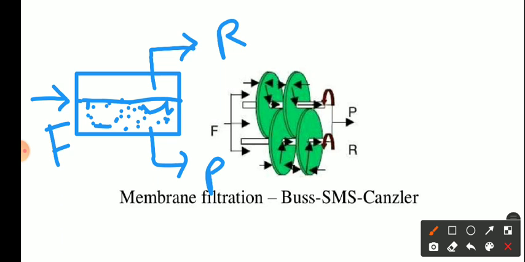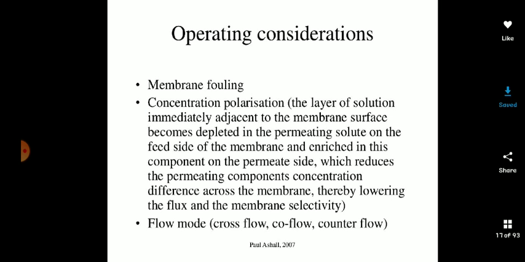ओके, operating conditions. So which are the operating conditions you have to carry forward or you have to tackle for the membrane.